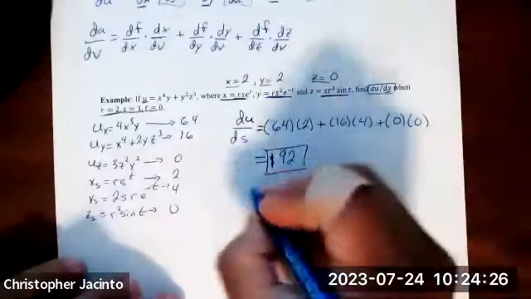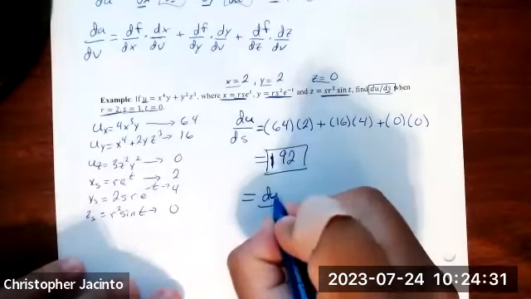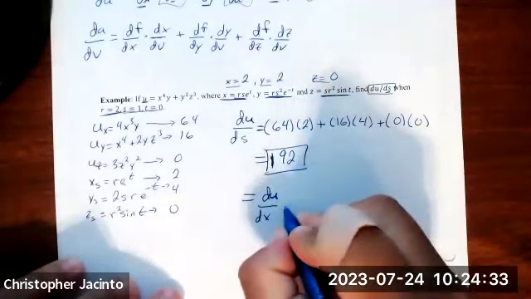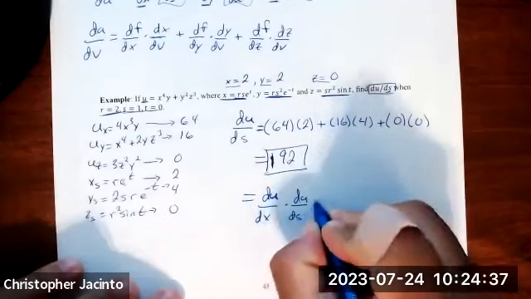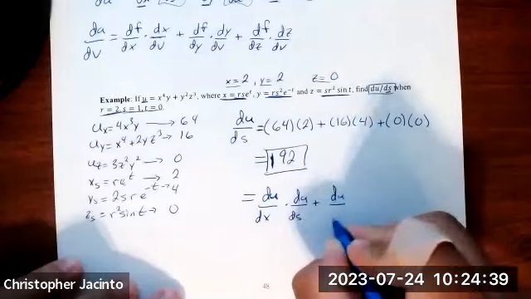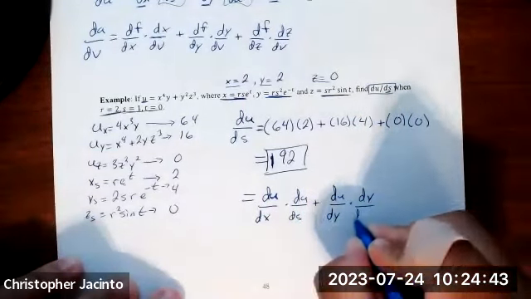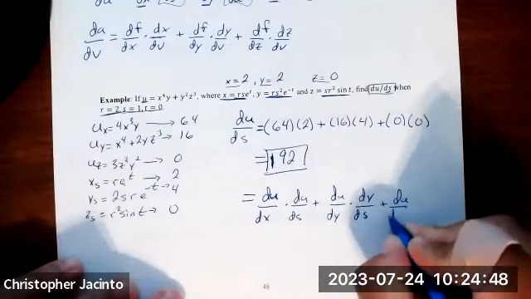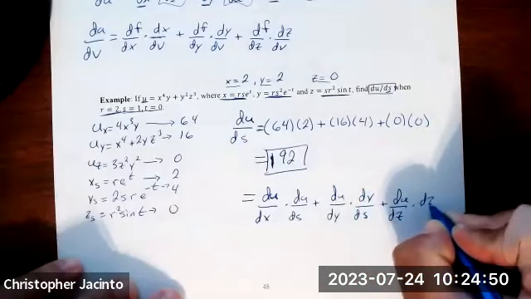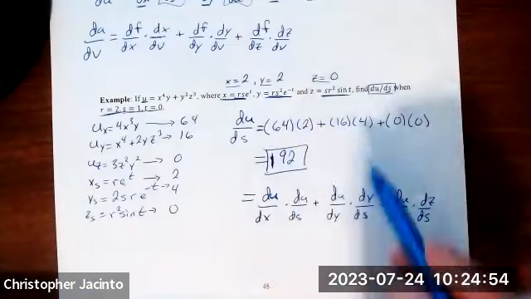Now, if you wonder where these numbers come into play, the general rule would look like this. So that's where all these numbers come into play, right?